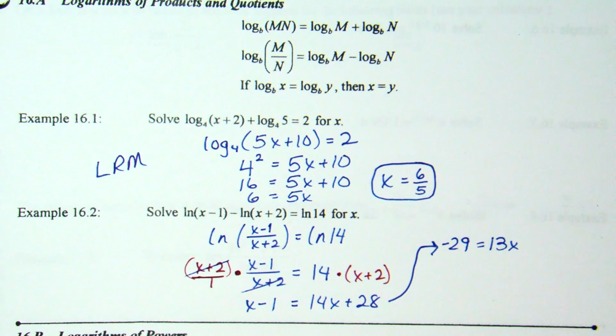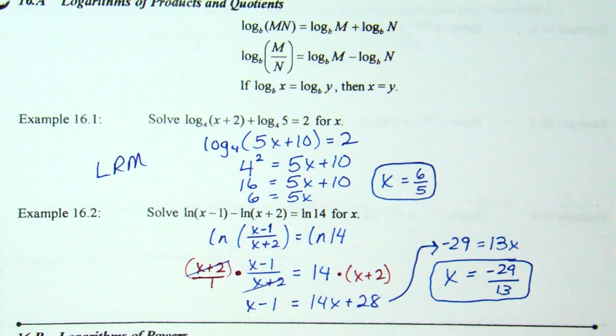And so x is what? No, check your math. It's negative 29, not negative 39. Negative 29/13, if I divide both sides by 13.